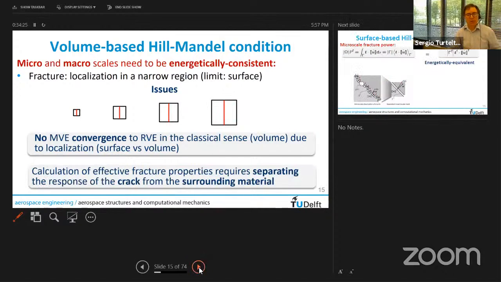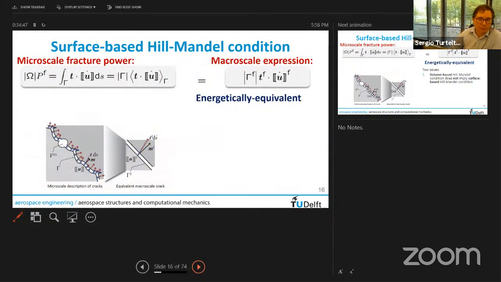So that's another important thing: the effective properties for fracture are going to require us to separate the response of the crack, this is a crack, from the surrounding material, which is really part of the bulk response. How do we translate that into another type of Hill-Mandel condition? It's no longer a volume-based Hill-Mandel condition, but a surface-based one. It's very similar in the sense that you have to look at the power occurring through the fracture process.